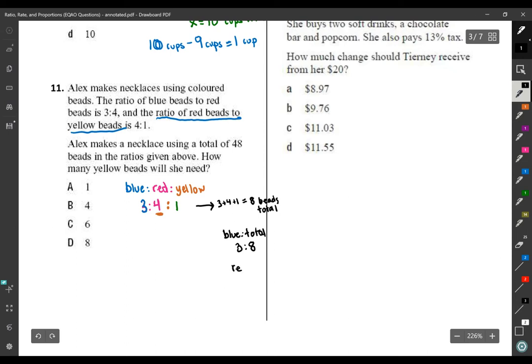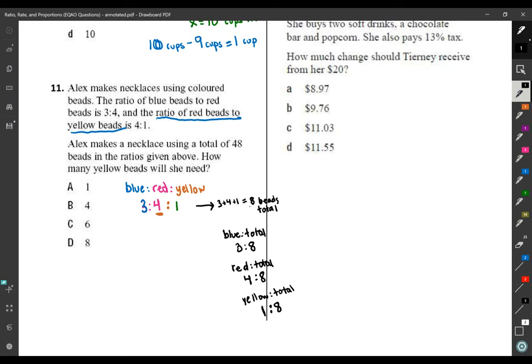The ratio of red to total beads is going to be 4:8. And the ratio of yellow beads to total beads is going to be 1 to 8. I got 8 by adding up my numbers.